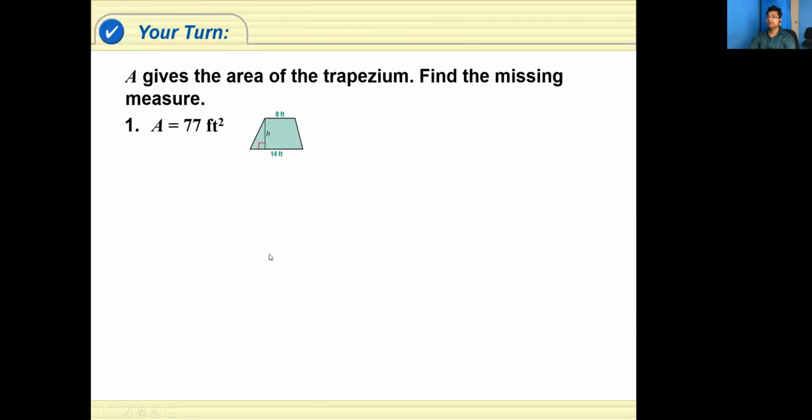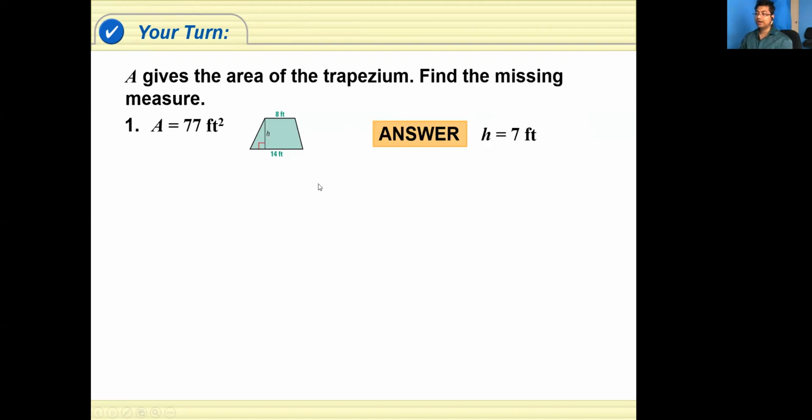Okay, now your turn. I have given the area of the trapezium. Now you need to find the missing measure. What's basically missing here? Can you see what's missing? Anyone? Height. Yes, the height is missing.